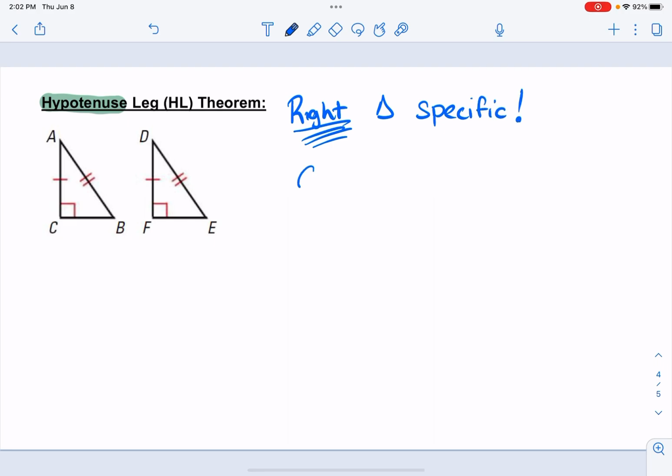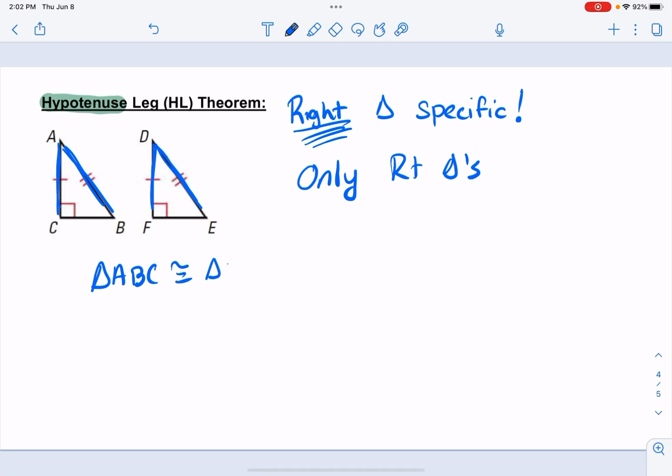If I have the hypotenuse of a right triangle congruent to a leg of a right triangle, we can say triangle ABC is congruent to triangle. It started with A, so let's start with D, E, F. I think all of those triangles were always congruent. D, E, F was the same in each and every one.